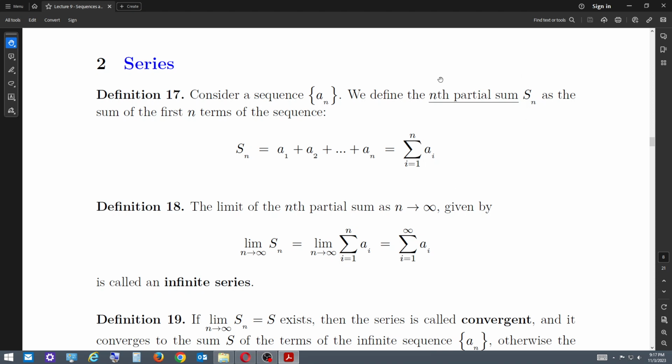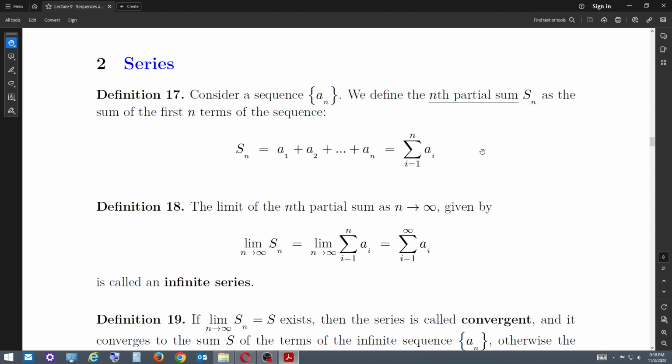Now if I take the nth partial sum, that in itself you could think of as a sequence, because I could have S_1, S_2, S_3, S_4, etc. And as n gets bigger and bigger, I could look at the limit of S_n.